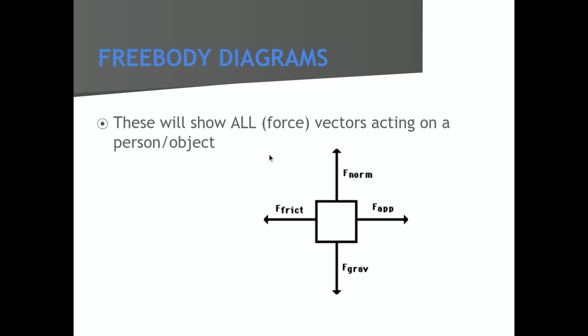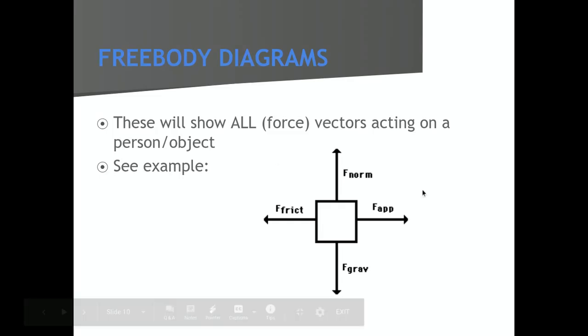These will actually show all the force vectors acting upon a person or object, so you'll get some practice identifying different scenarios and drawing what's applying there. We will be practicing that later in the week, along with more detail with friction.